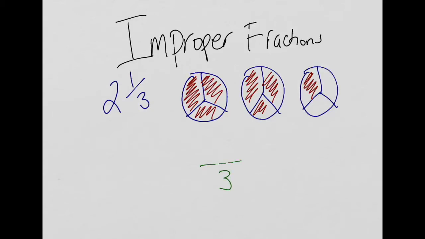However, where this is kind of tricky for some people is that we have to look at all the pieces that were used. So in this case, there's 1, 2, 3, 4, 5, 6, 7 pieces used. So the improper fraction would look like this: 7/3.